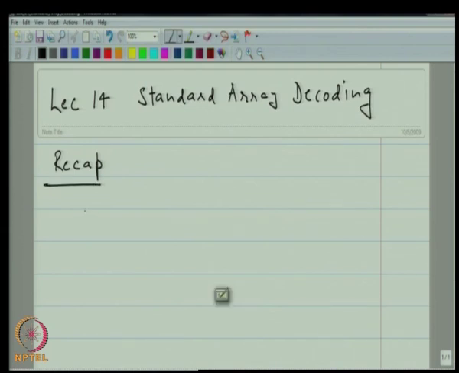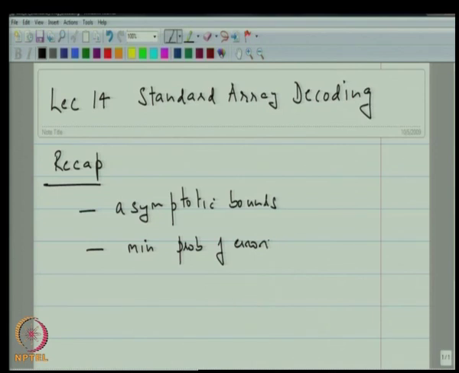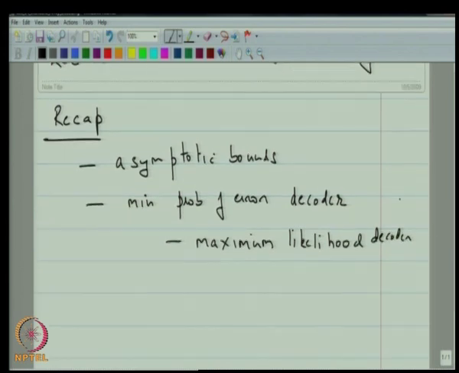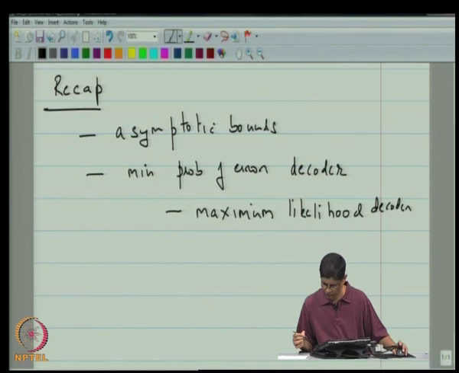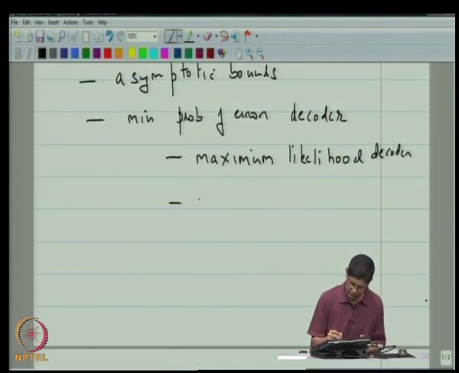So, recap from the last lecture, we looked at asymptotic bounds, and then we talked about the minimum probability of error decoder, and this led us in turn to the maximum likelihood decoder, and again in turn this led us to the minimum Hamming distance decoder.